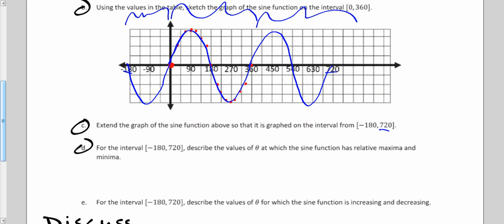So, for the interval of negative 180 to 720, tell me what values of theta there are relative maximums and minimums. Andrew's on it. But let me see if somebody can unpack what it means to be a relative maximum and minimum.